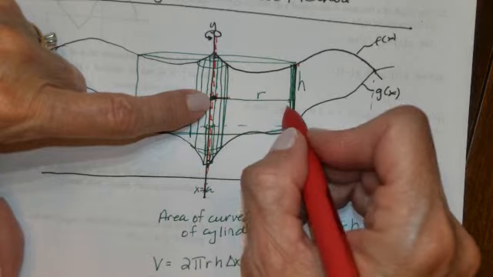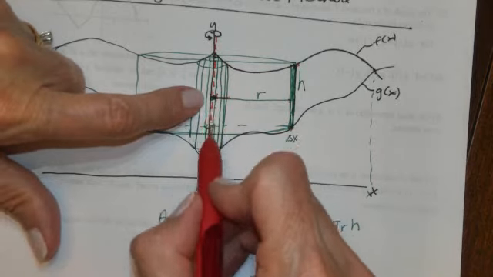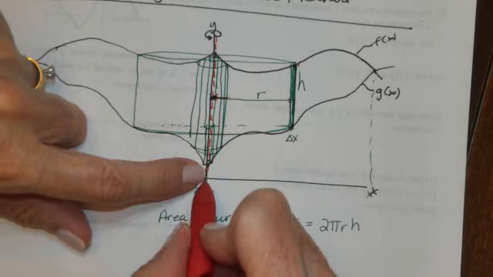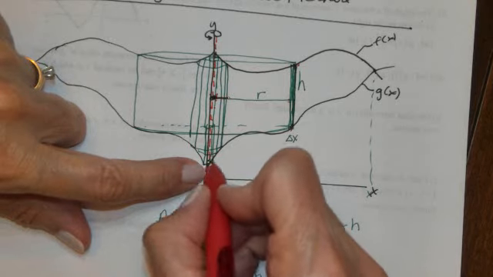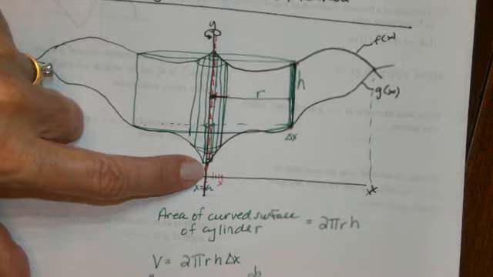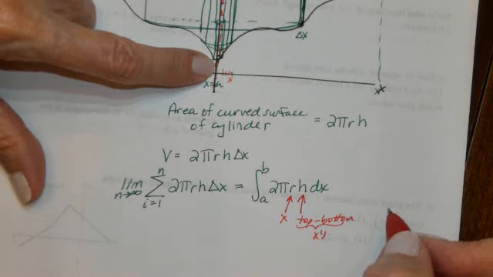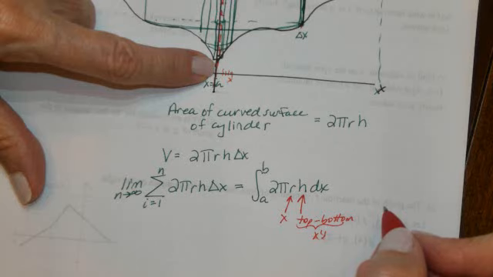So r is not a constant here, it changes. And from the y-axis out, that will just be whatever value of x we're on, right? So in this case, r is equal to x. It will not always be equal to x, but in this case it is equal to x. Okay?